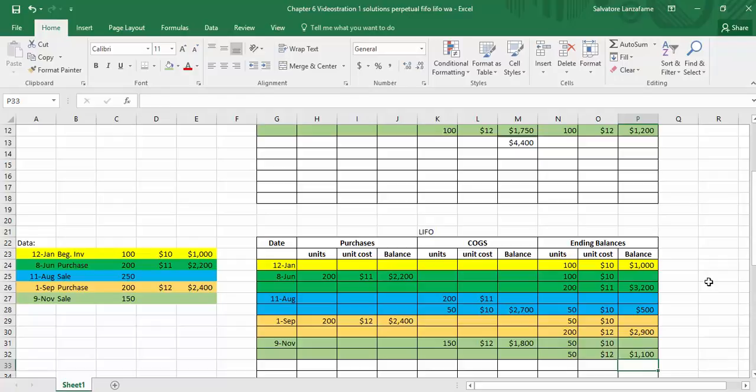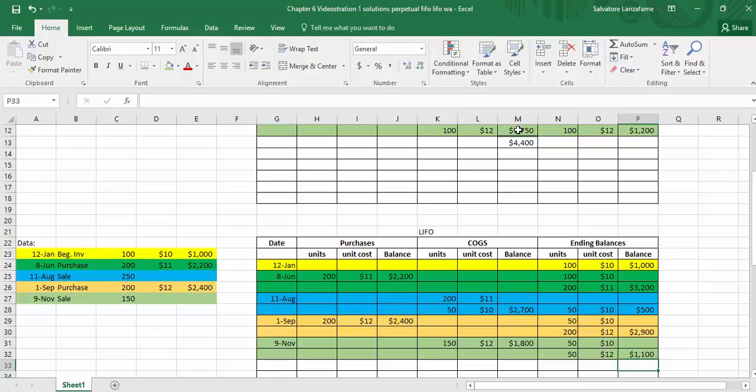And now our inventory balance is 1,100. So notice, just look up above, when we had 100 left over at 12, we said our inventory value was $1,200. Now we're saying our inventory value is 1,100, and the 1,100 is made up of 50 of 10 and 50 at 12.